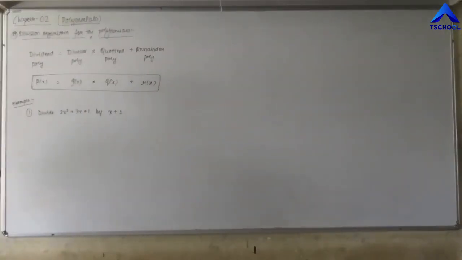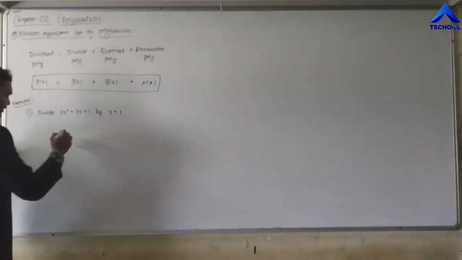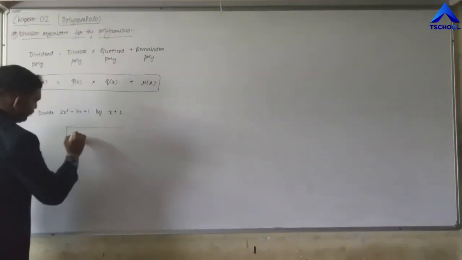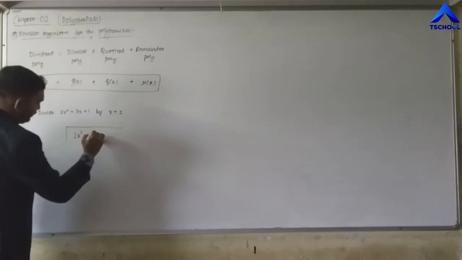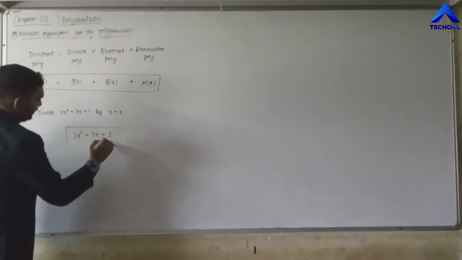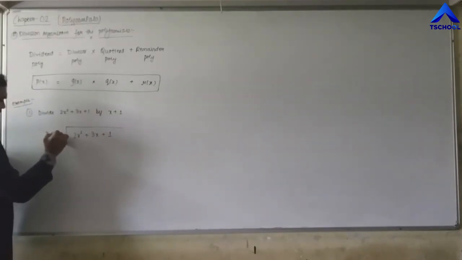So we know how to divide this polynomial. 2x square plus 3x plus 1 by x plus 1. We have already discussed this in standard 9. So let us go by dividing 2x square plus 3x plus 1 to be divided by x plus 1.